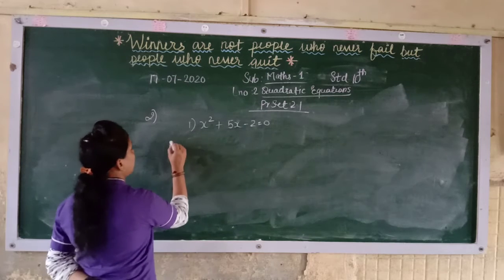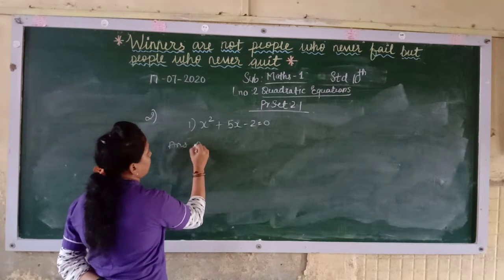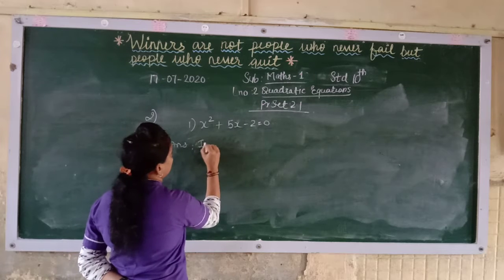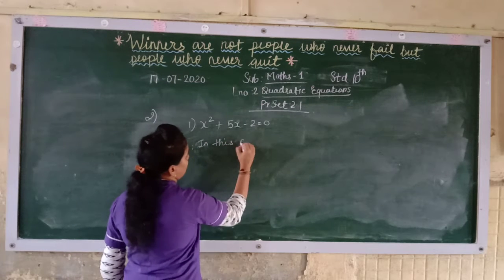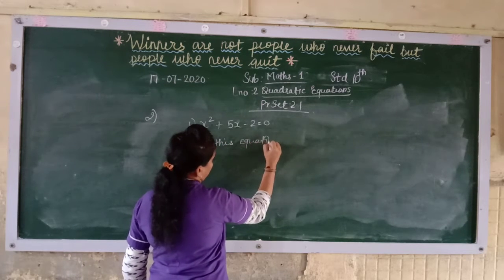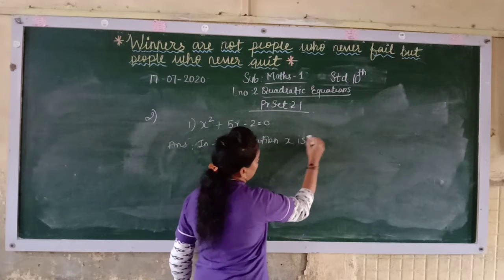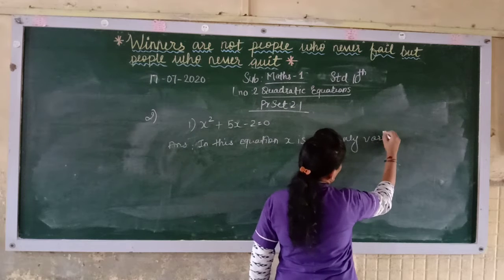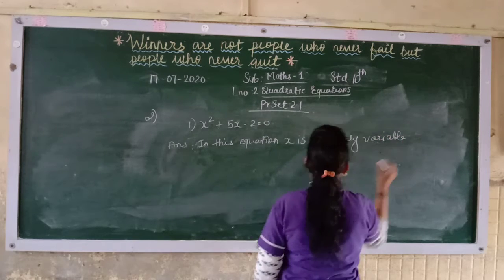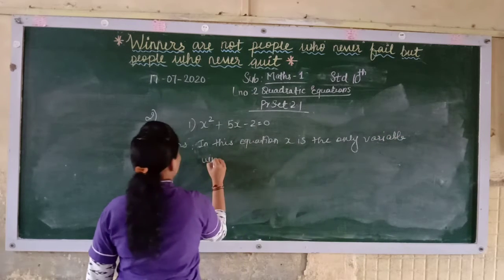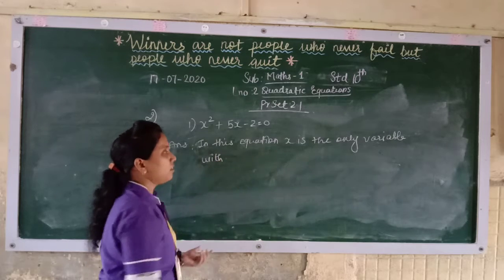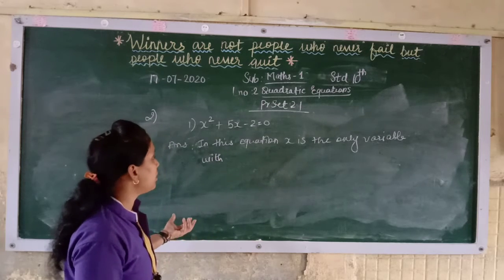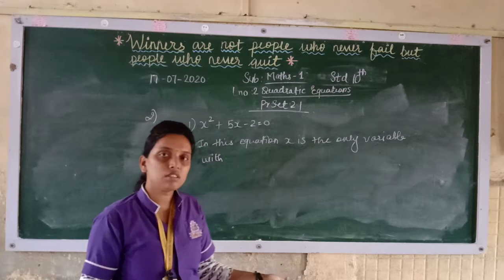So you can write, in this equation x is the only variable with, or you can write as we had written earlier, that the maximum index of the variable is 2.